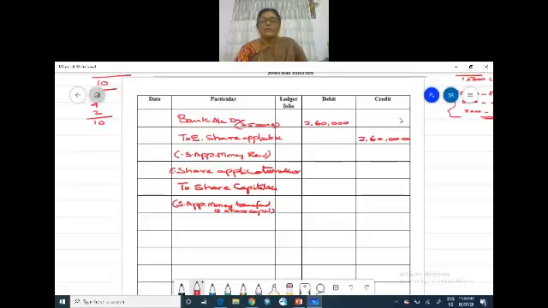The company has decided to issue only 50,000 shares. So 50,000 into 4, five fours are 20, 2 lakhs.